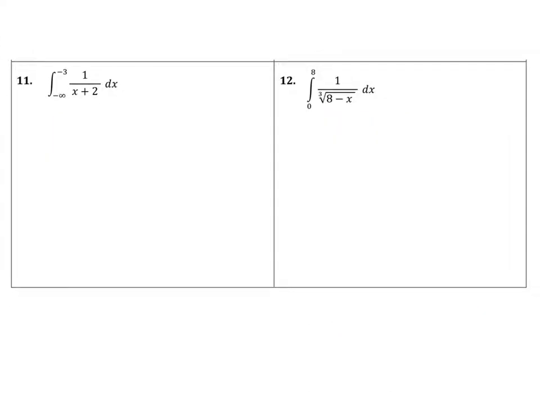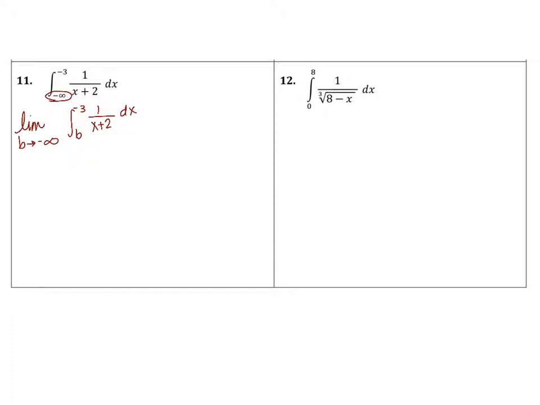Okay, so for our next problem, we need to change out that lower bound. So we're going to have our limit as b approaches negative infinity of the integral from b to negative 3 of 1 over x plus 2 dx. And it looks like this might be natural log.